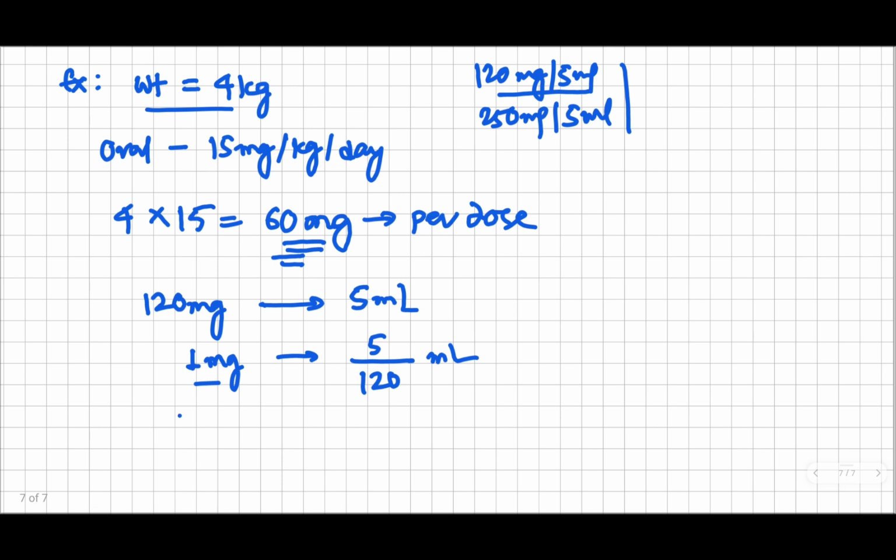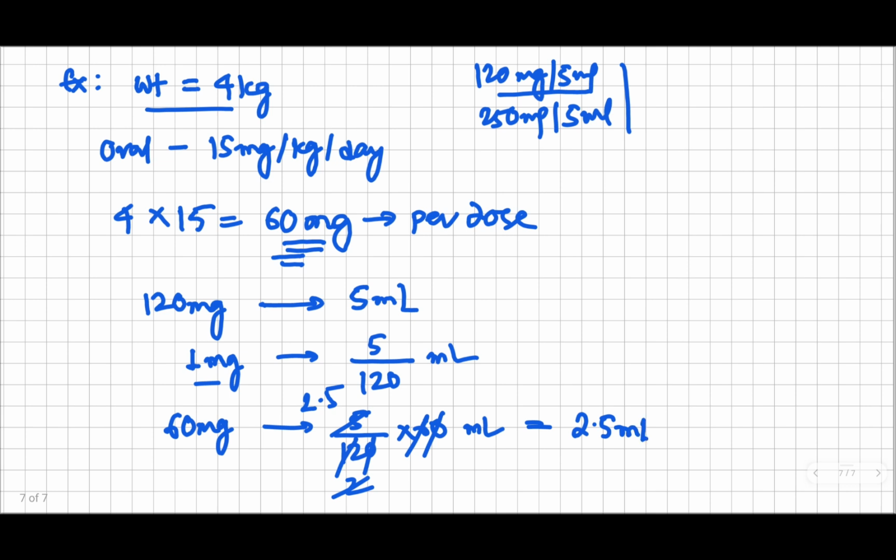So for 60 mg we will require how much? 5 divided by 120 into 60 ml is equal to 2.5 ml.